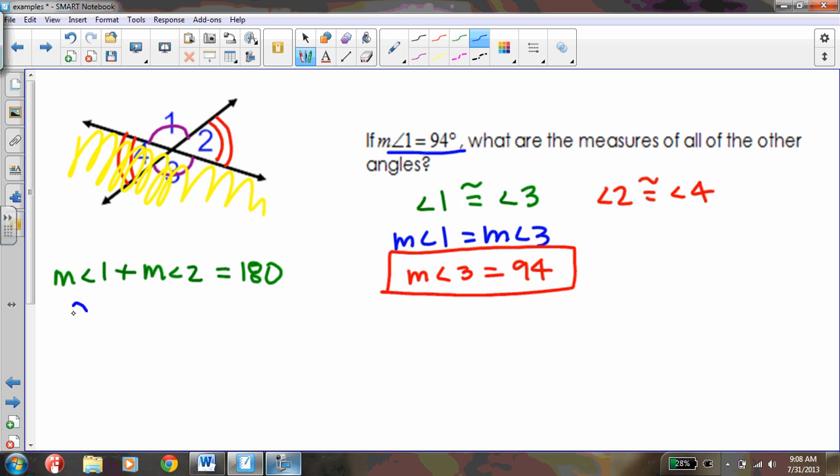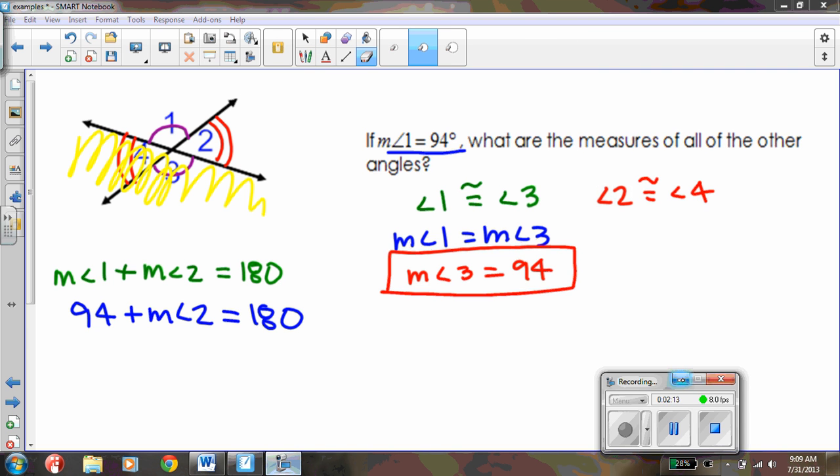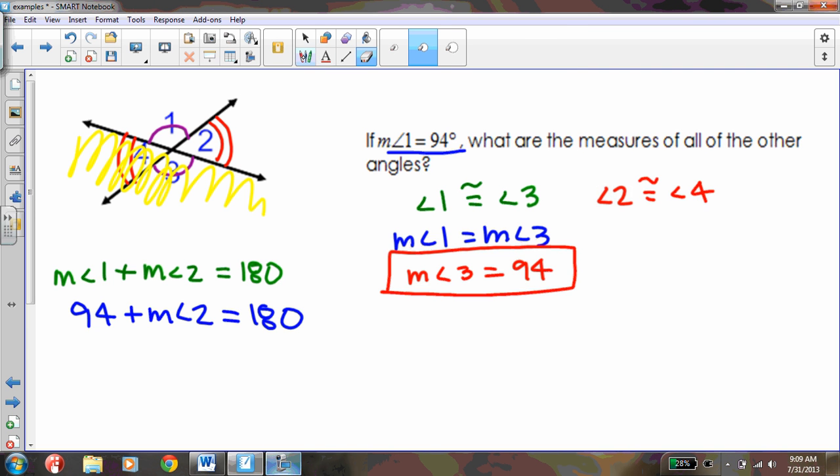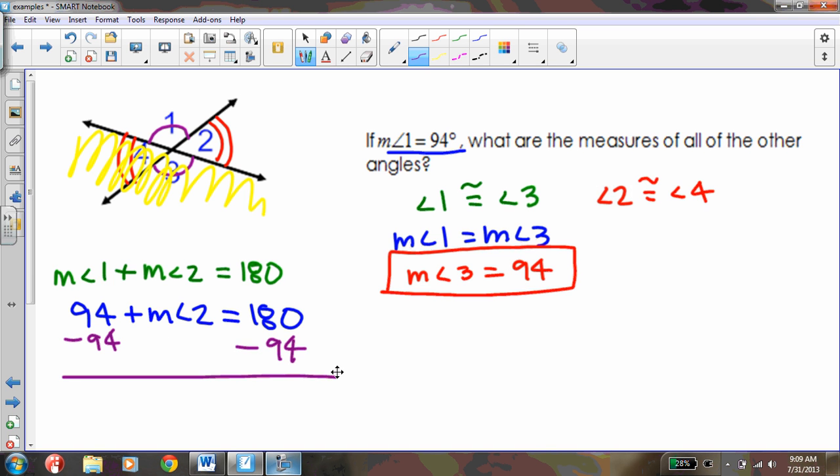If I plug in what I know, the measure of angle 1 equals 94, and I can do algebra to determine the value of angle 2. By subtracting 94 from both sides, I know the measure of angle 2 is 180 minus 94, which is 86 degrees.